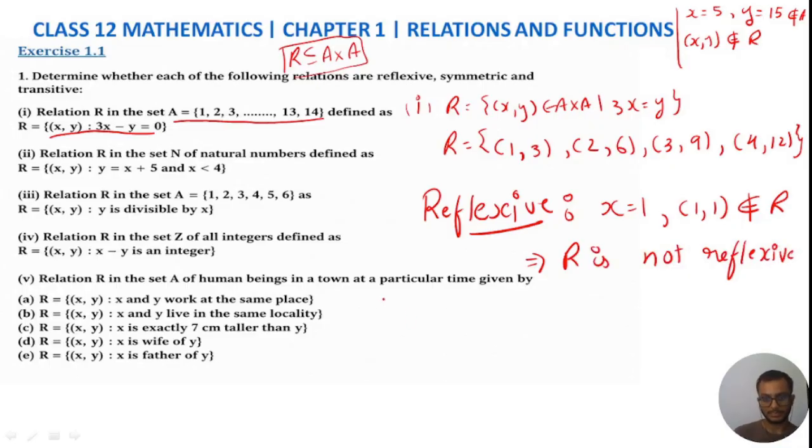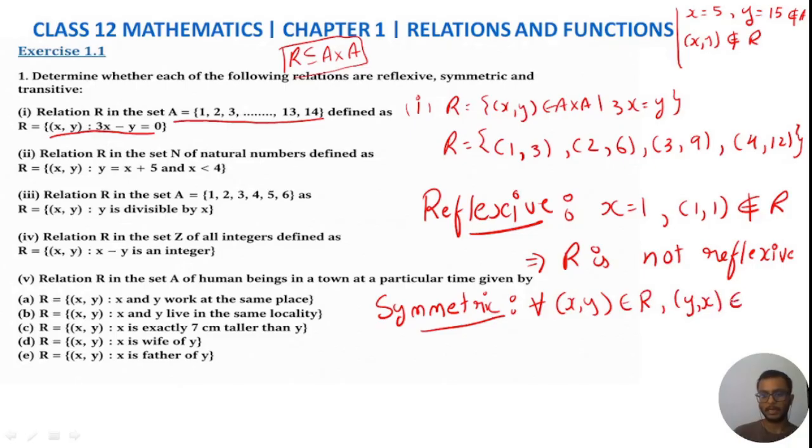Now let's see next, symmetric. For symmetric, what should we have? Whatever (x, y) you pick from R, that is, for every (x, y) you pick from R, you should have (y, x) in R. If this holds for every (x, y) in R, the relation is called symmetric.